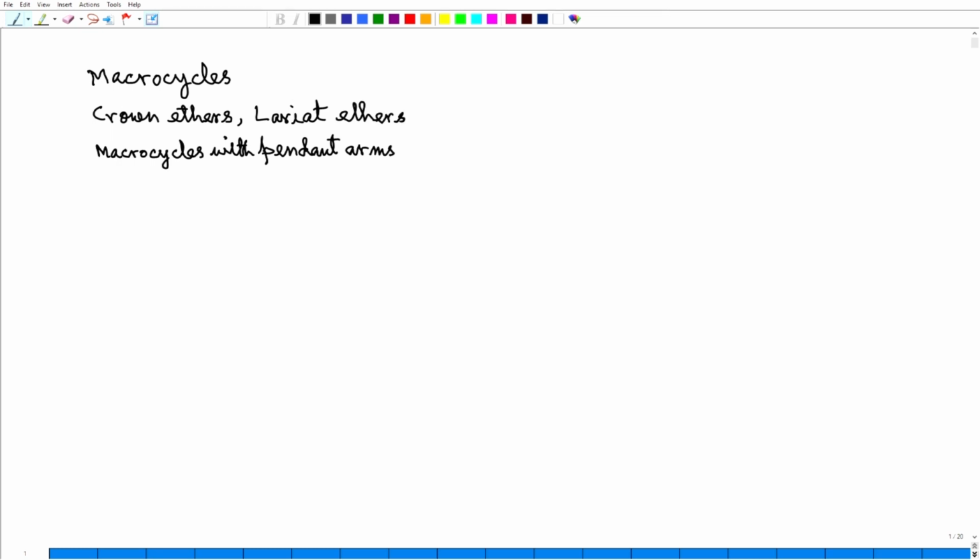But generally we use this term pendant arms. Then we use macrobicycles, that is cryptands.